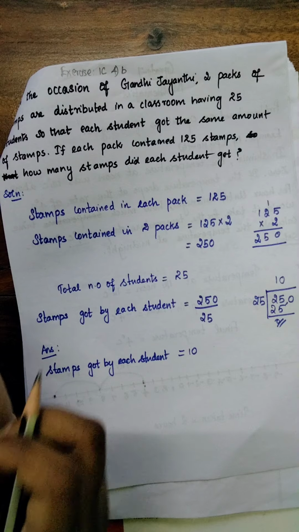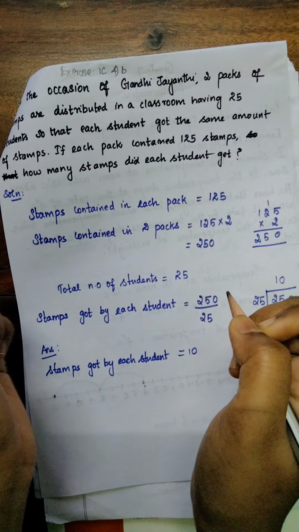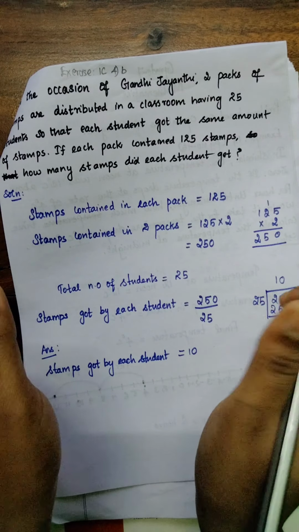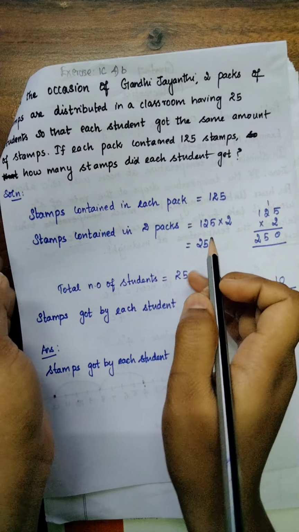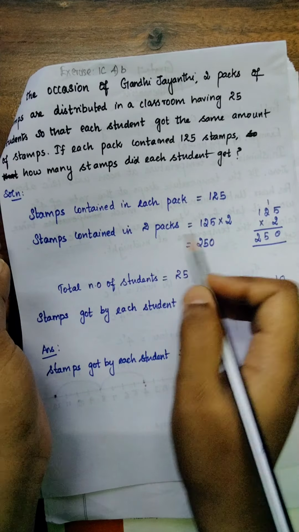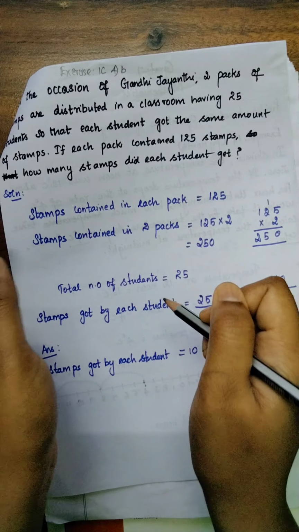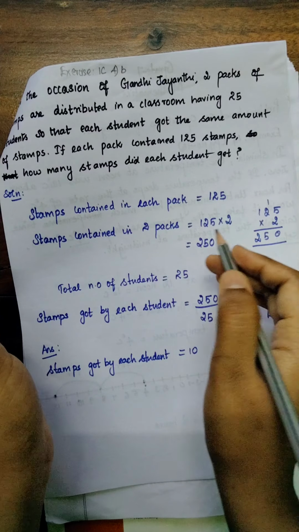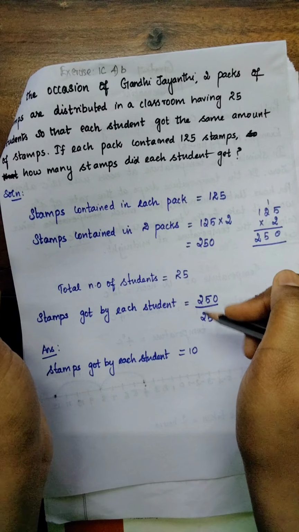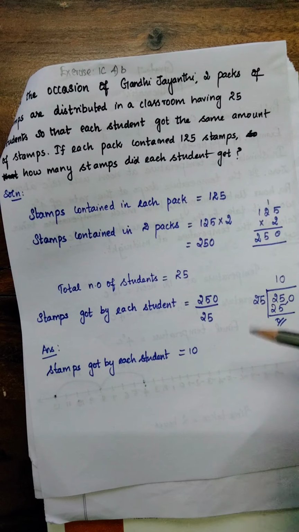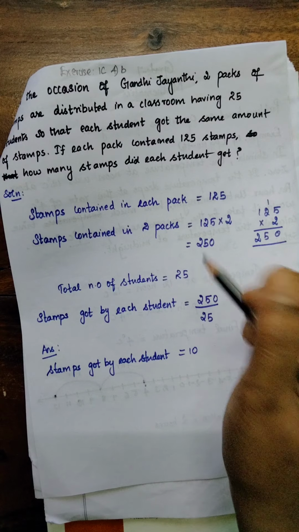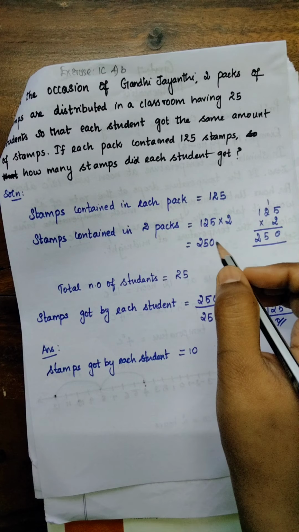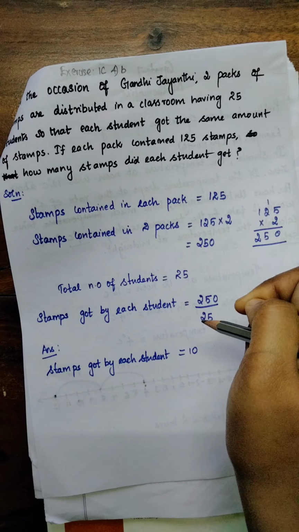So stamps got by each student is equal to how many stamps? Total number of students is 25 and total number of stamps is 250. So stamps got by each student is equal to total number of stamps divided by total number of students, that is 250 divided by 25.